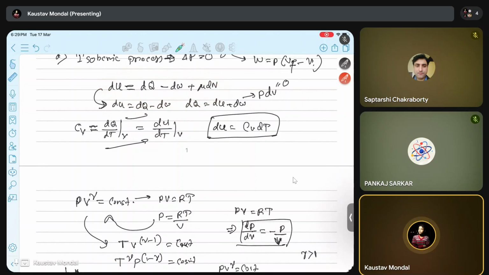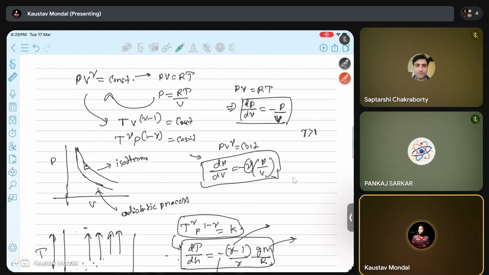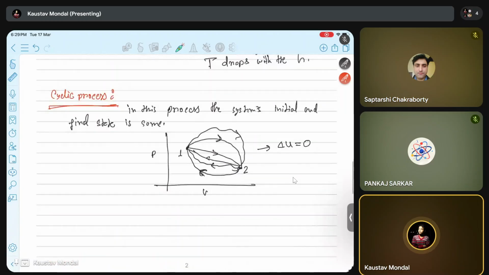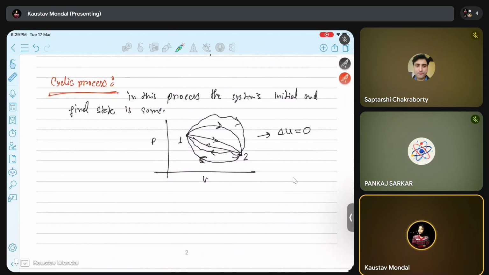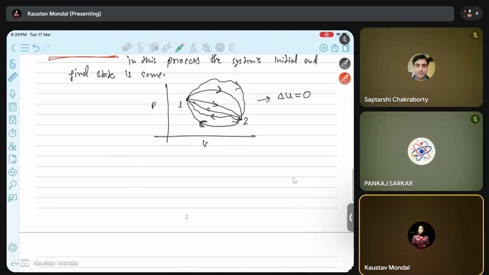Whenever the system is cyclic, you can safely make dU equal to 0, so dQ becomes equal to dW. For that problem, the work done equals the heat exchanged. This is one important thing to remember for the case of a cyclic process.